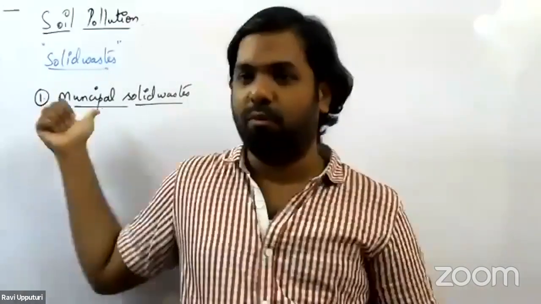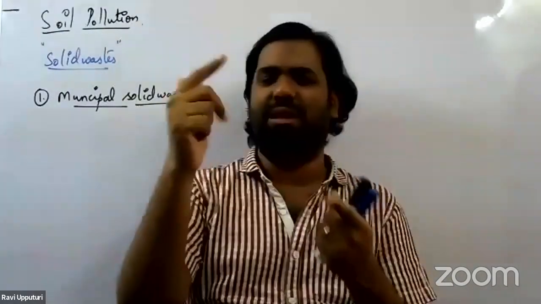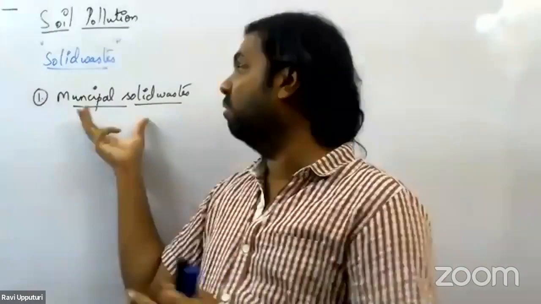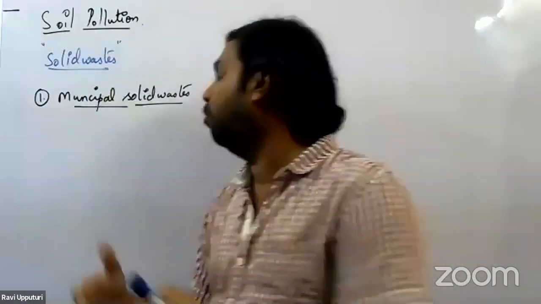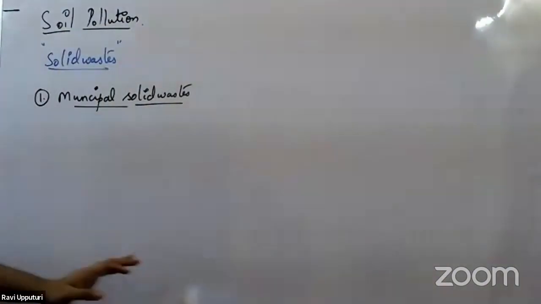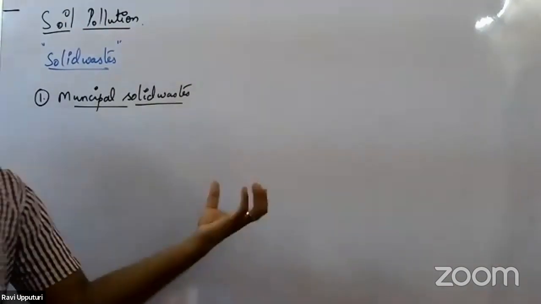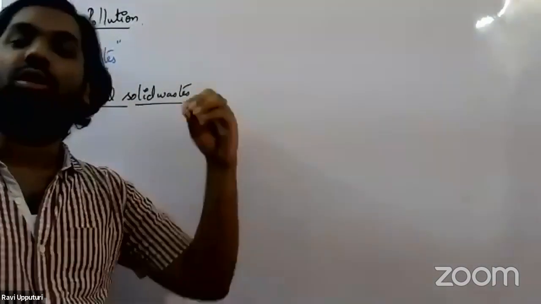Kitchen waste falls under municipal waste, right? So we have the leaves of fruits, the vegetables, the remaining food, all falling under municipal waste. Along with that, we also have glass containers, plastic containers, some sort of cans.